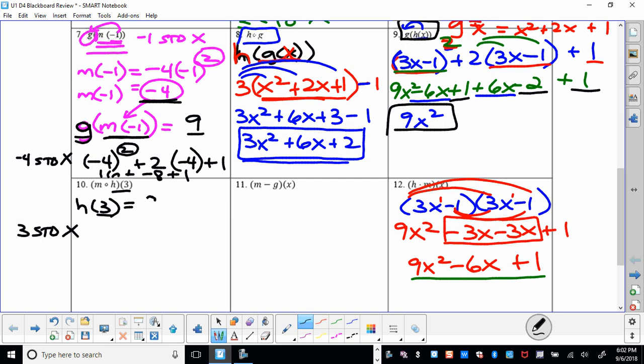So that would be 3 times 3 minus 1. Okay, I just wrote h is 3x minus 1. This is my x. Okay. So that equals 9 minus 1, which is 8. So h of 3 is 8.